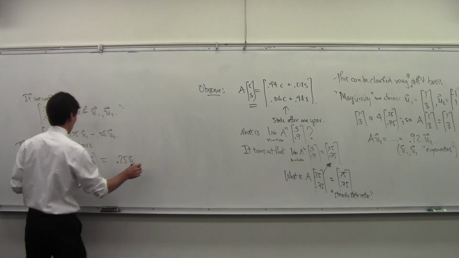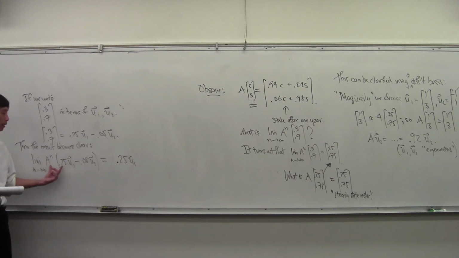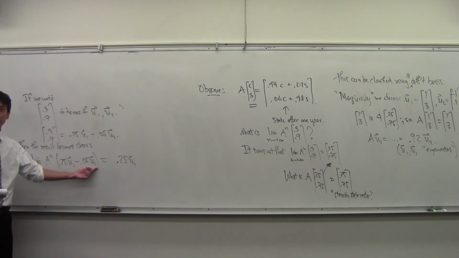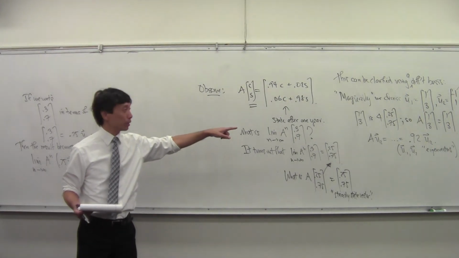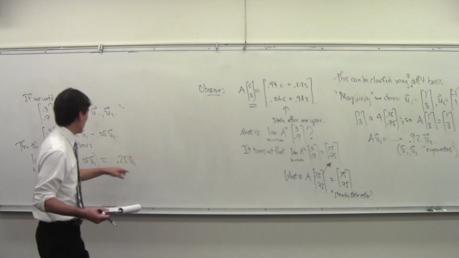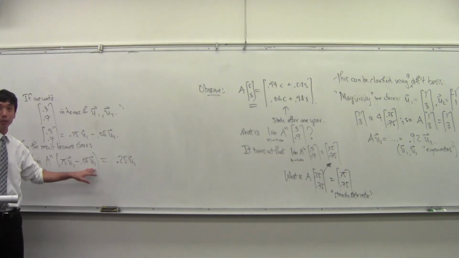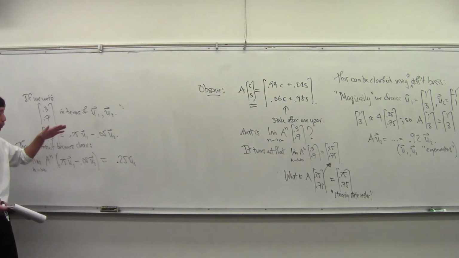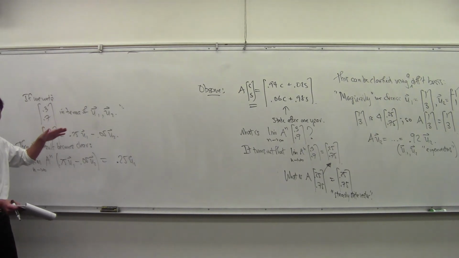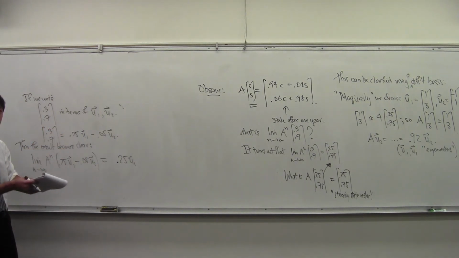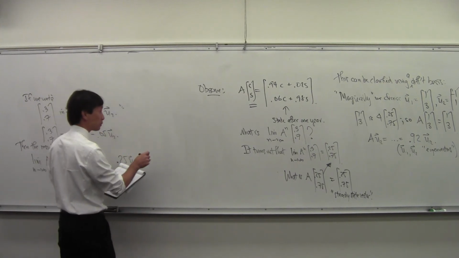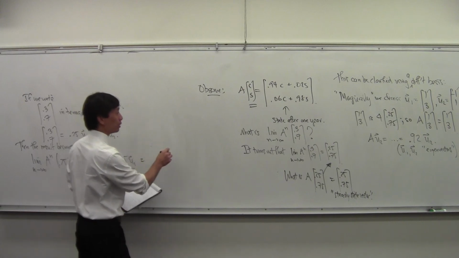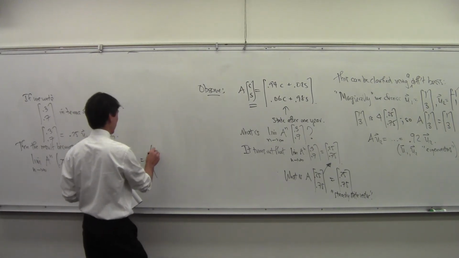And then what happens to the second part? As you apply A to U2, every time you do it, it gets shrunk by some percentage. It gets multiplied by 0.92, so it shrinks by 0.92 every time. And so as time goes onwards, it goes to 0. And so you end up with 0.25, 0.75.